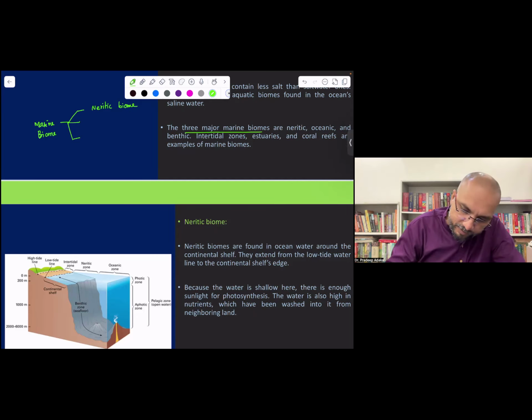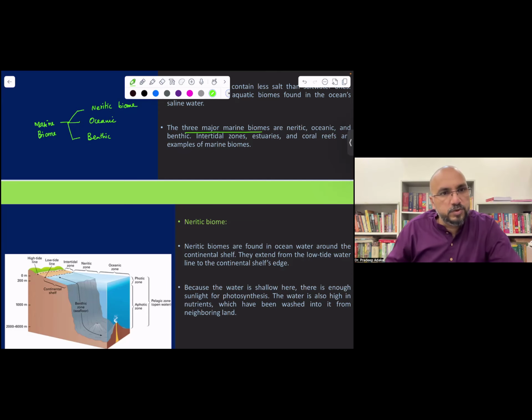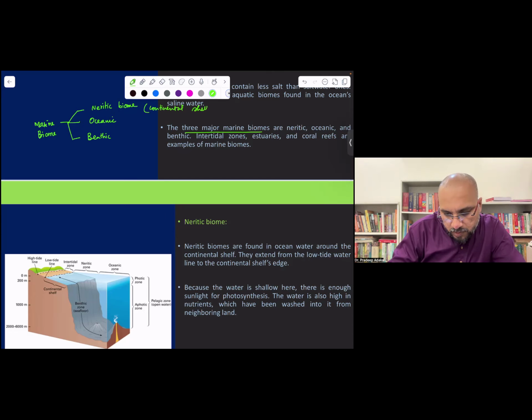So neritic biome, you have oceanic, and you have benthic. So neritic biome, it is on the continental shelf. That means not very deep water.